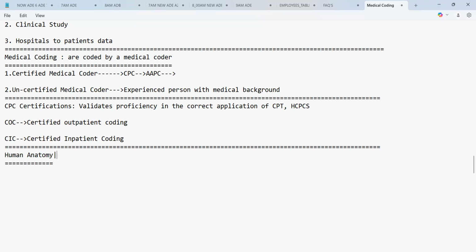And you need to know the types of systems we have, such as the digestive system, respiratory system, and reproductive system. All these are the systems we should understand.